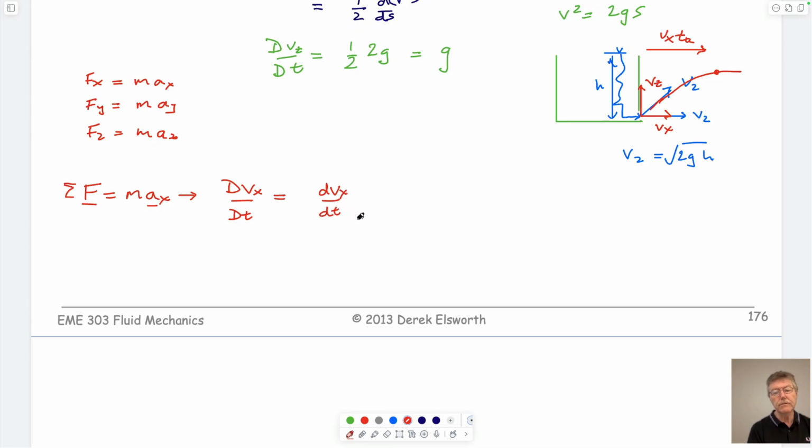They should probably be partial derivatives, but don't worry about that. And I'm going to write out three components, dvx/dt plus dvx/dt plus dvx/dt.